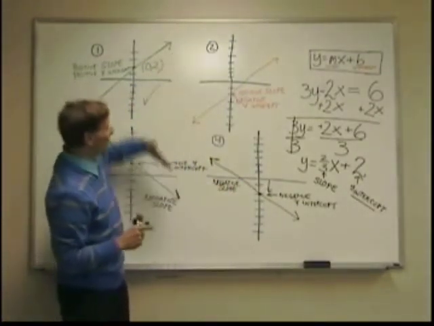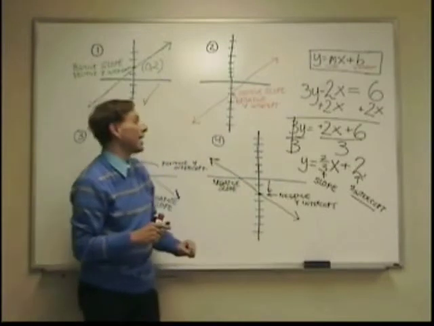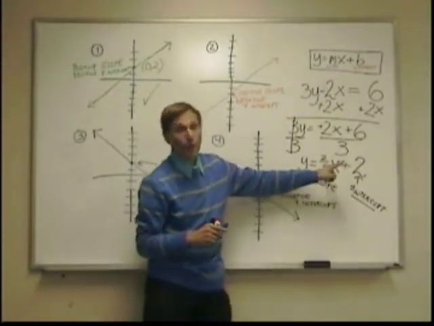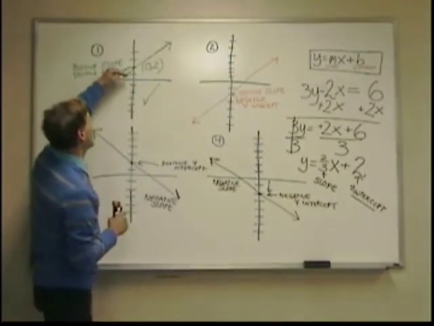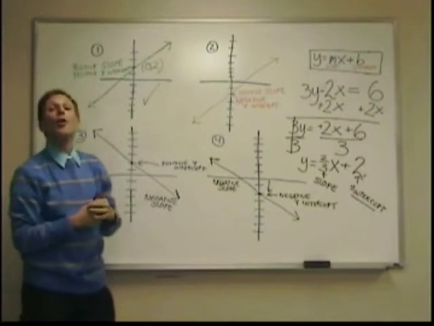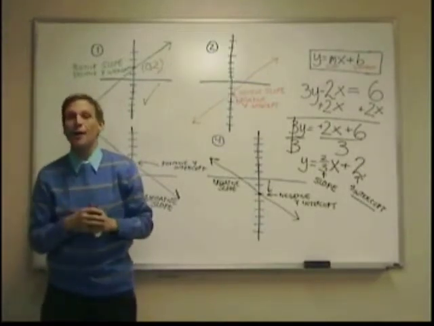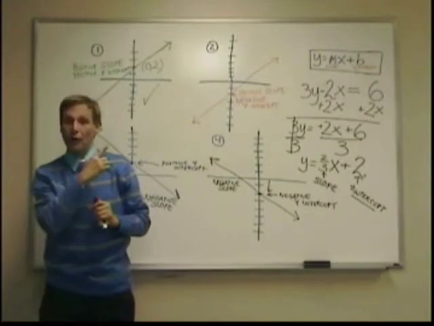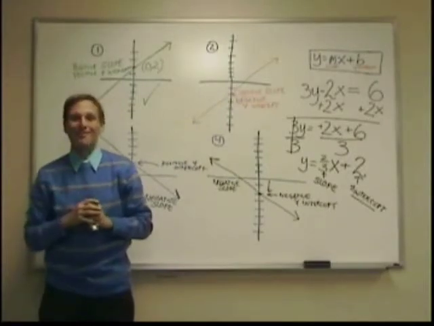If you have a negative slope, it's going down from left to right. And my y-intercept is at positive 2. So it's also positive, and it crosses the y-axis at 2. Those are the things you need to check for in determining the proper graph for a line's equation.